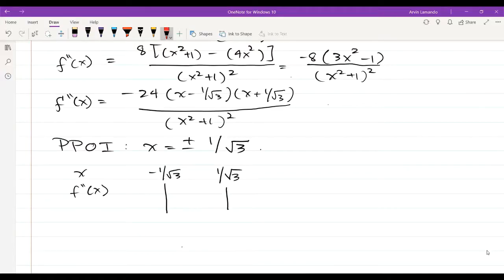Now when x is less than negative 1 over square root of 3, obviously this factor is negative. This factor is negative.